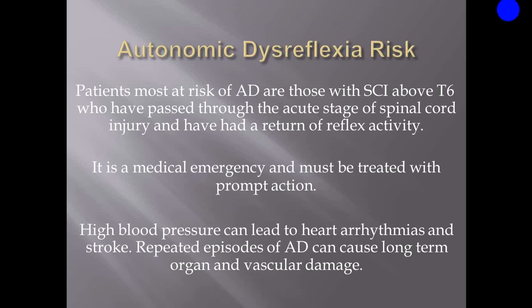The action should be given immediately when the signs of autonomic dysreflexia appear. High blood pressure can lead to heart arrhythmias and stroke, which, as we know, is a dangerous situation. Repeated episodes of autonomic dysreflexia can cause long-term organ and vascular damage.